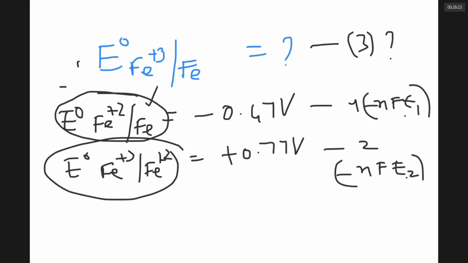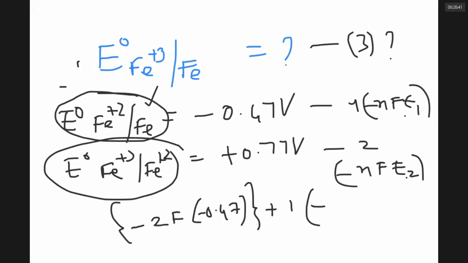Here n is 2. Minus 2 F into E0 minus 0.47. It involves 1 electron plus 1 into minus of 1 into F into 0.77. Can you add these two, sir?